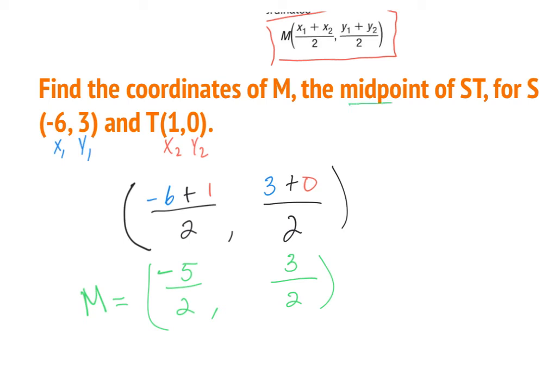So the midpoint means that it will be in the middle. If this was my line, I had a point here, and I told you that M was the midpoint, the middle, then this means that my line is cut in half. So this blue line, this half, would be equal to the other half, the red line.